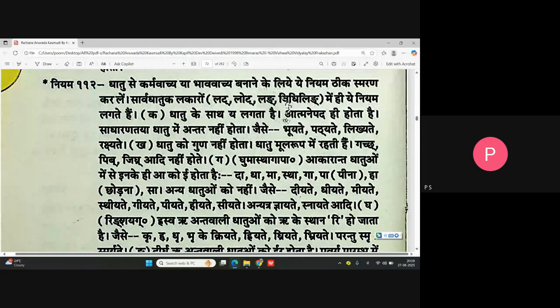Karta is Tritiya, Karma will be Prathama Vibhakti, and Kriya will follow the Karma.